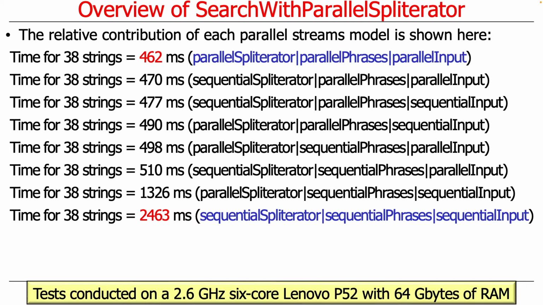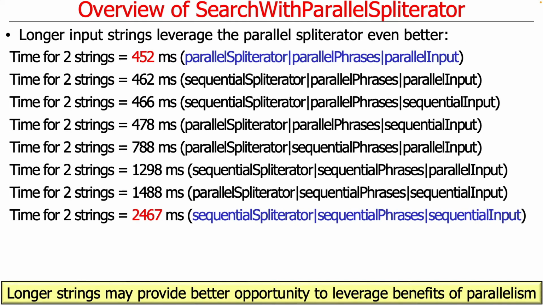And this particular program is kind of fun because it actually will do them all the different combinatorial ways, ranging from everything being sequential spliterator, sequential phrases, sequential input, to parallel spliterator, parallel phrases, parallel input. And you can see that the totally sequential version is substantially slower than the total parallel version, and then these different things impact the performance in different ways.